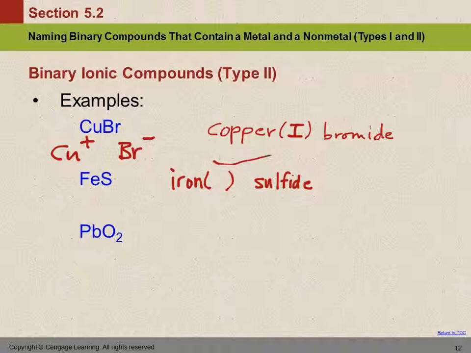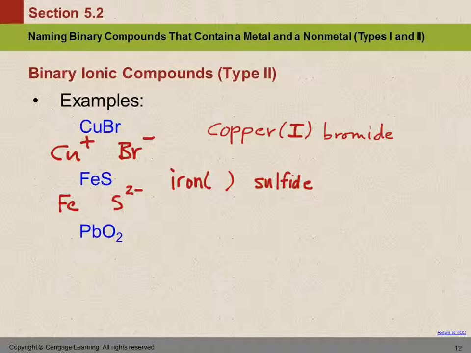Now we have to look at the charges to figure out what the charge on the iron is. So we've got 2 ions here. We just got 1 of each. What's the charge on sulfide? -2. We find it in the periodic table. We count -1 to chlorine, -2 to sulfide. We have 1 iron and 1 sulfur.